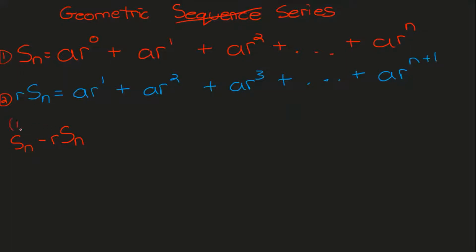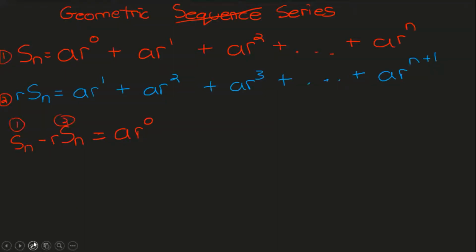Okay, so this is 1, this is 2. When we do the subtraction, we're going to want to subtract the same terms. So here, I have a in red, I have a times r to the 0. In blue, I do not have that same term. So we're just going to leave it. We're going to have a times r to the 0.